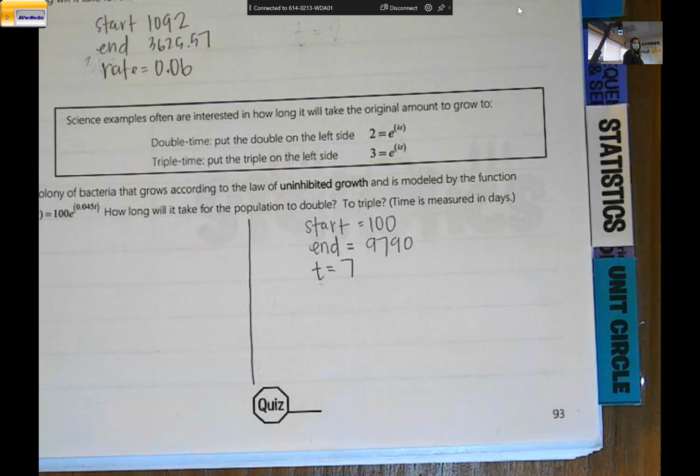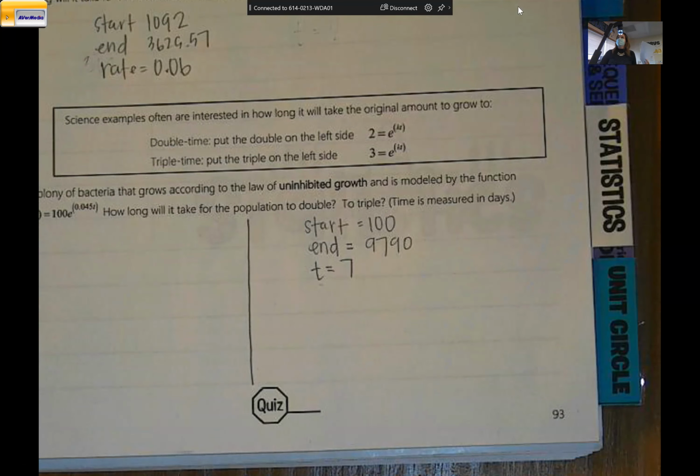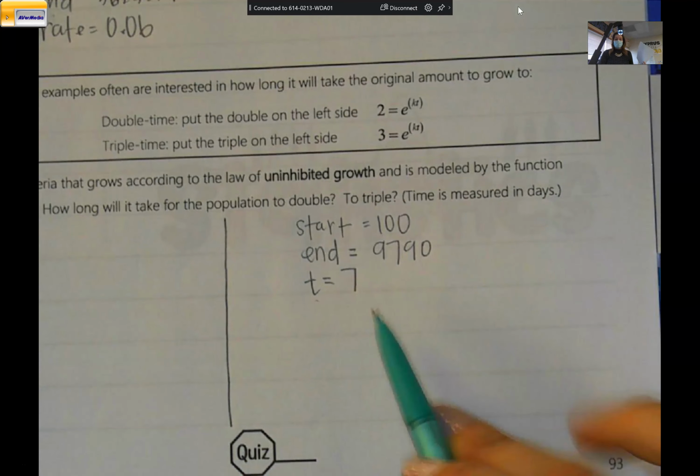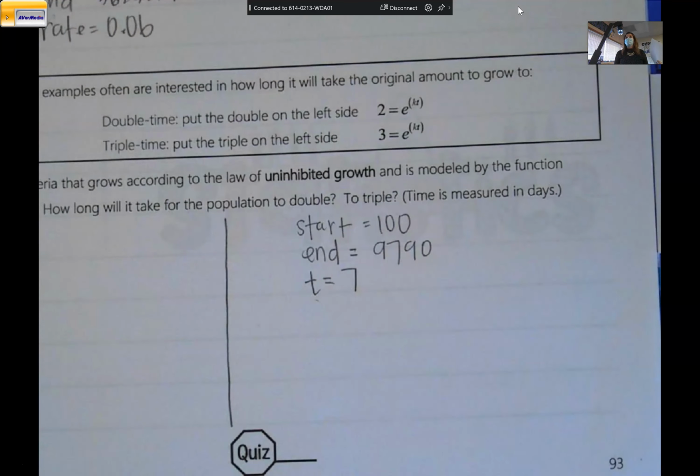So what they're saying is it took 7 minutes for this bacteria to go from 100 to 9,790. They want you to find the rate. So at what percentage rate did this grow?